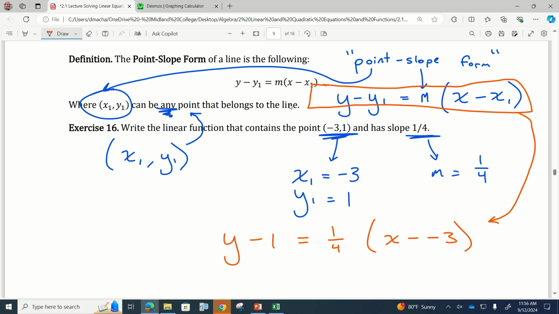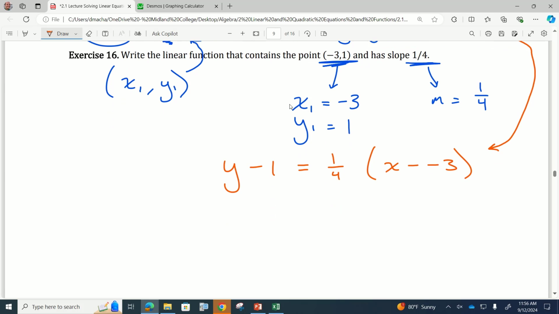But taking a test, I might give you answer choices, A, B, C, D, and E. I will probably give you your correct answer in expanded form. And so you might want to continue simplifying this into expanded form, also known as slope-intercept form. If we want to put this in slope-intercept form, you want to distribute the 1/4.